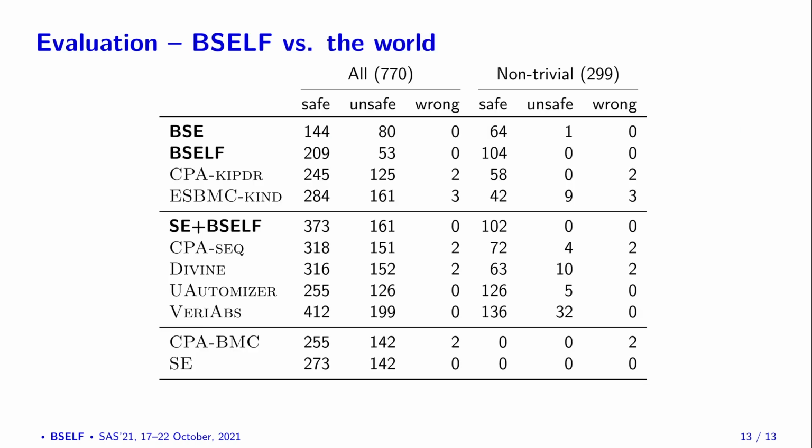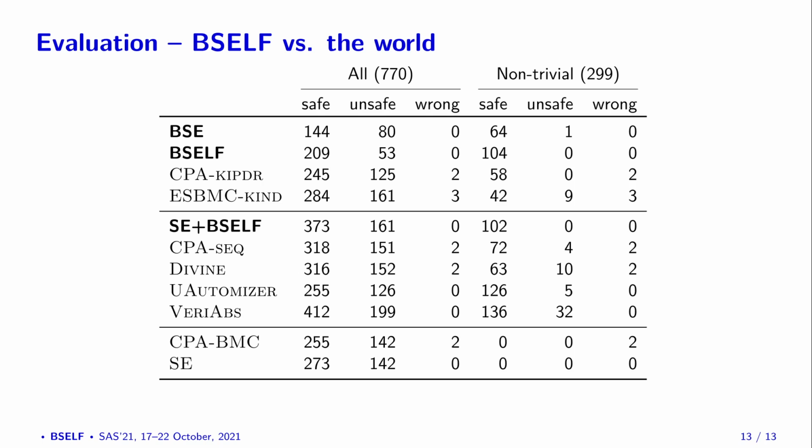This table shows the number of all decided benchmarks by the tools that we experimented with, and also the number of decided benchmarks that were non-trivial. Non-trivial were benchmarks that could not be solved by symbolic execution or bounded model checking, that is, by the simple enumeration of state or path space.